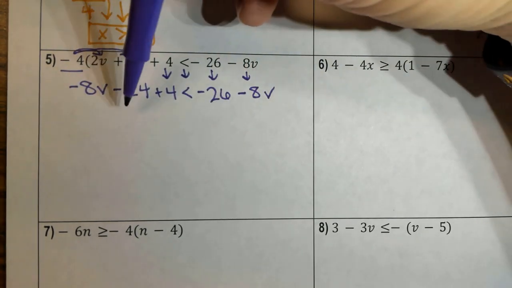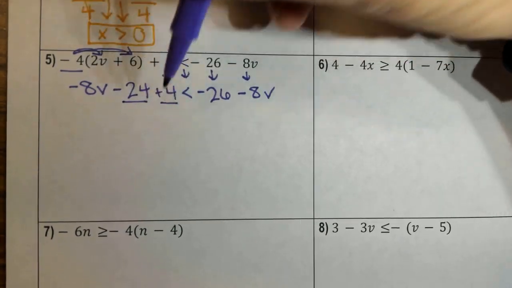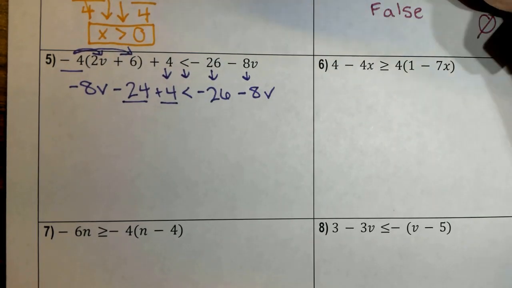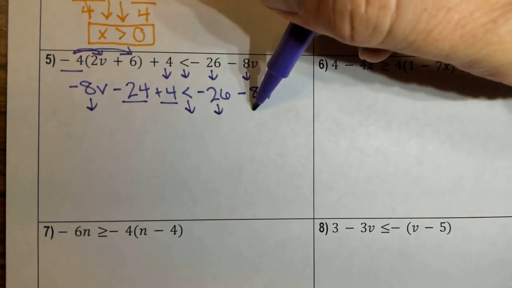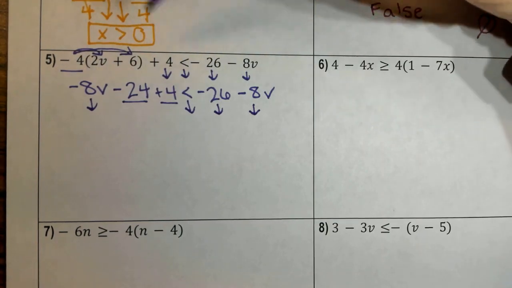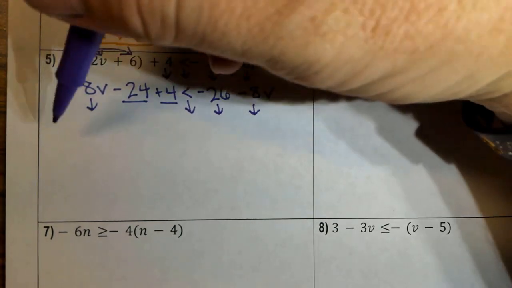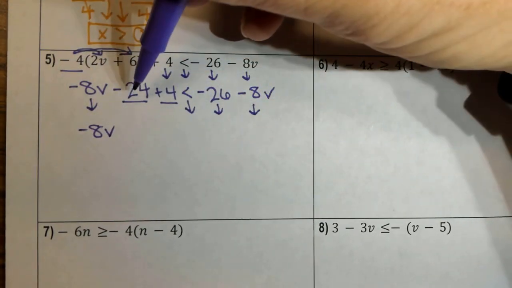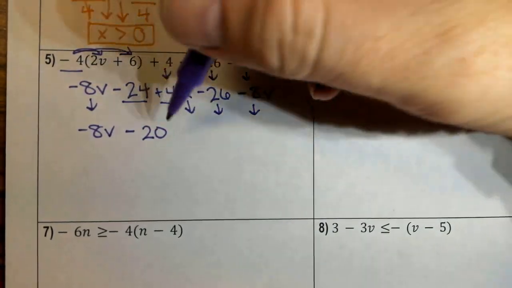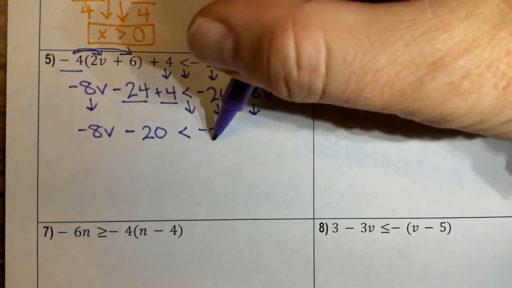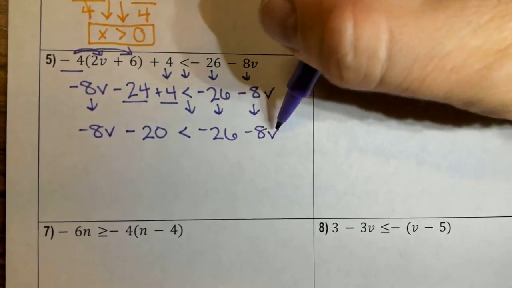Okay, I can combine like terms right here because they're both on the same side. I bring down everything else. And if you already see where I'm going with this because you catch it now, that's fine. So -24 plus 4 is -20. Less than -26 minus 8v.